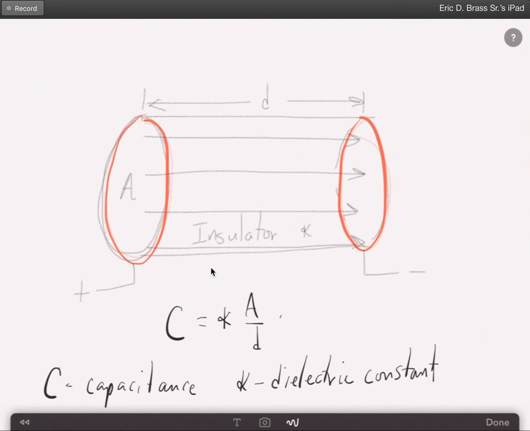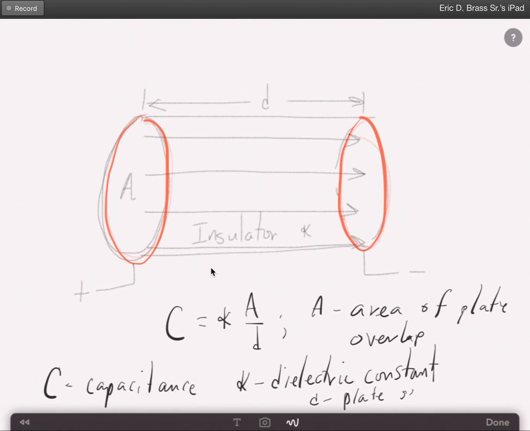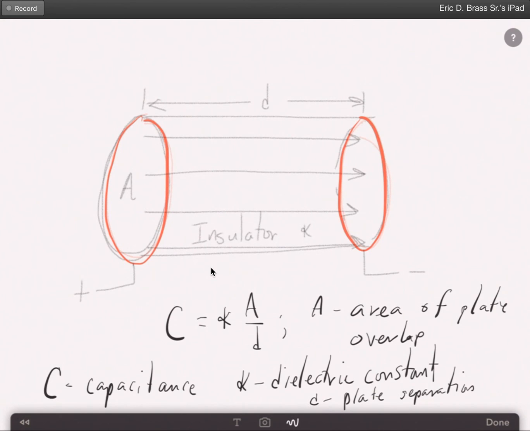I'll just write this up here. Overlap. And D is the separation, the distance of separation between the two plates. Plate separation. So we've formally specified everything in the capacitor.